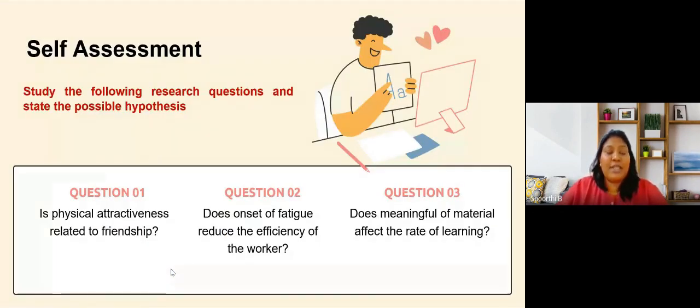We're going into the questions again. These are the questions for the ones who couldn't take a screenshot. Please do.